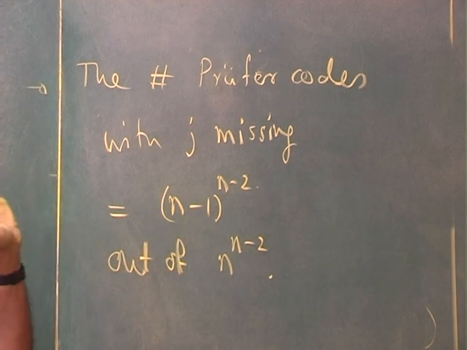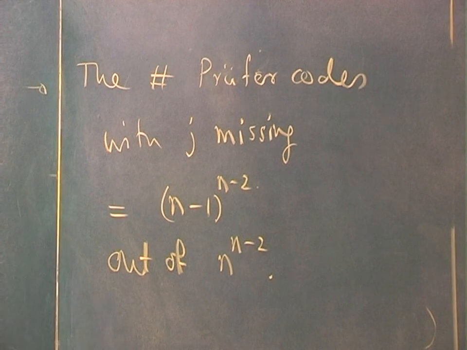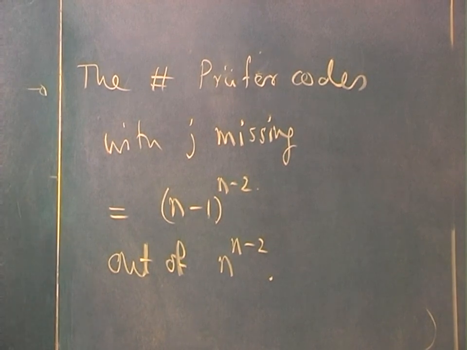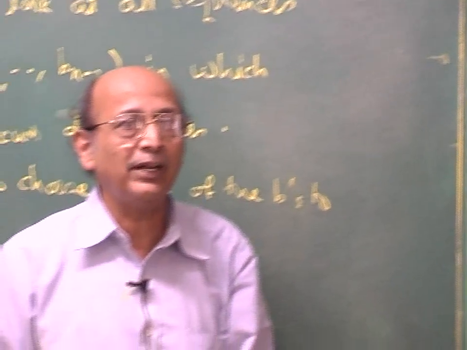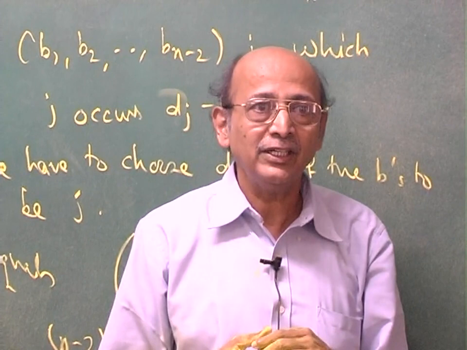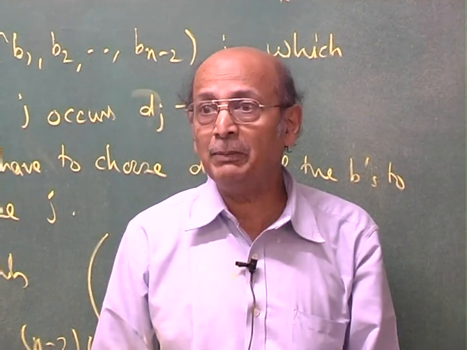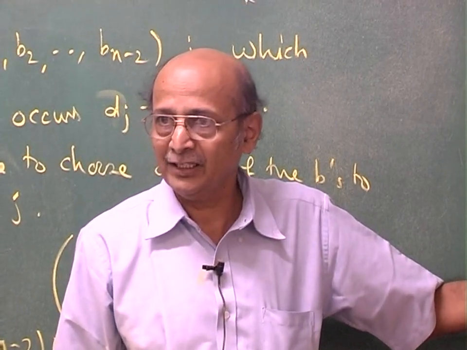There are n raised to n minus 2 trees. Somebody has drawn all the n raised to n minus 2 trees. Blindly, I put my hand on some tree and ask the question, is j a leaf or is not a leaf? There are only two possibilities. The probability that j will become a leaf is this number divided by that number. Is that clear?